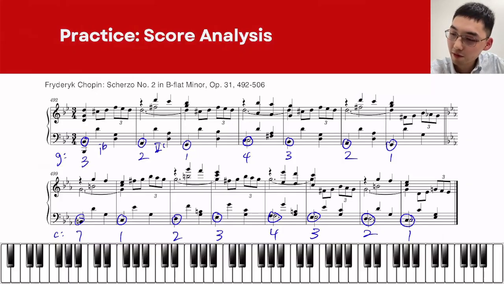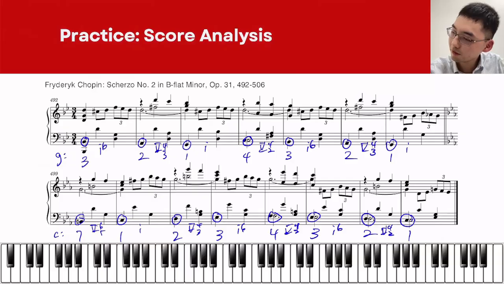Scale degree 2 gives me 5, 4, 3, and then 1, 5, 4, 2, because it's going down, 1, 6, 5, 4, 3, and then a 1. That's 5, 6, 5, 1, 5, 4, 3, 1, 6, 5, 4, 2, because it's going down, and then we have 1, 6, 5, 4, 2, and 1.